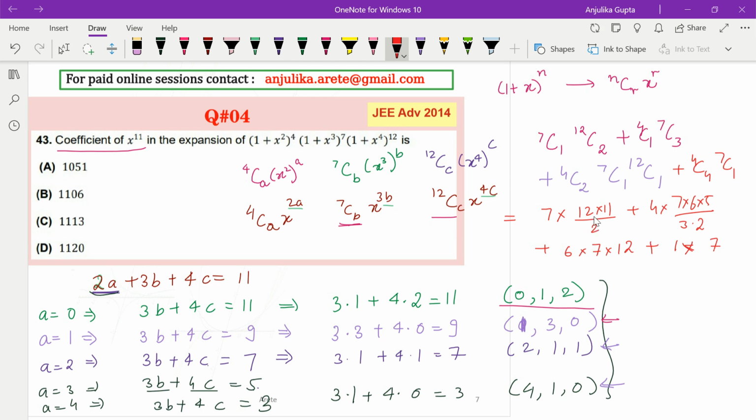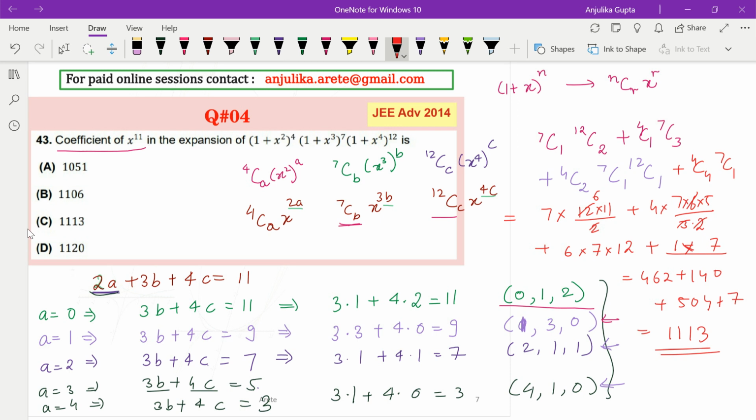Just try to compute all these values. 66 times 7, that's 462, and then this gets cancelled. 35 times 4, that's 140, and here you get 42 times 12, that's 504, and then here you just get a 7. Then you add all of them and you end up getting 1113.